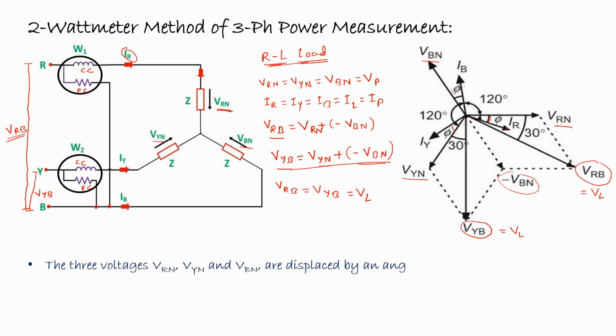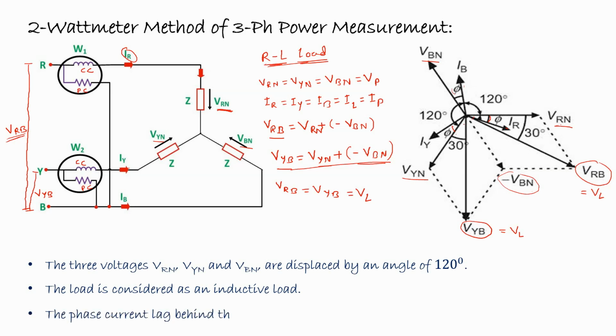So here the three voltages VRN, VYN and VBN are displaced by an angle of 120 degrees, which we have already seen. These are the phase voltages. The load is considered as the inductive load that we have already discussed. So the phase current will lag the respective phase voltage by an angle of phi.